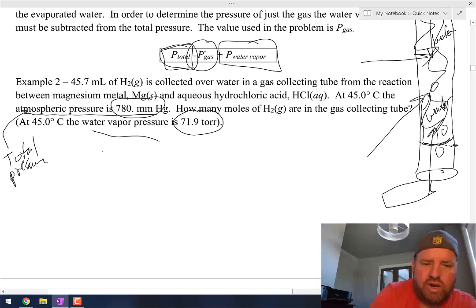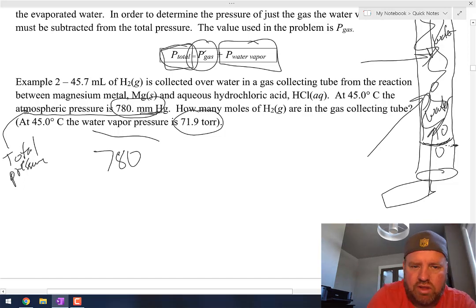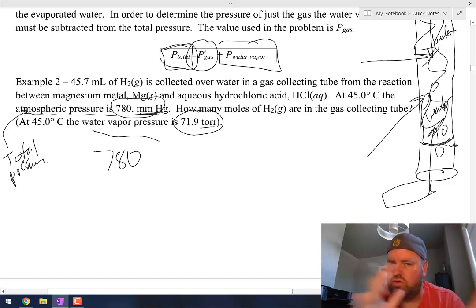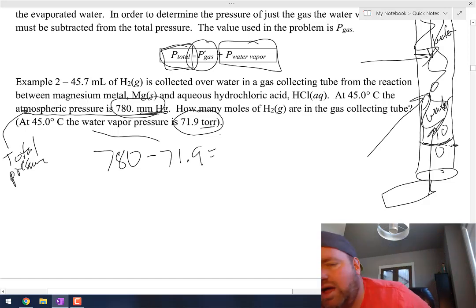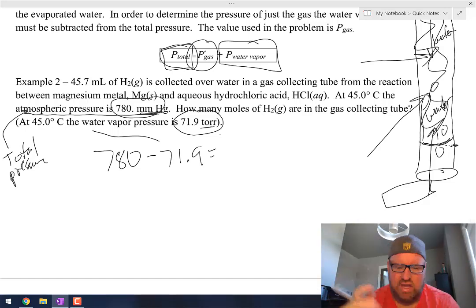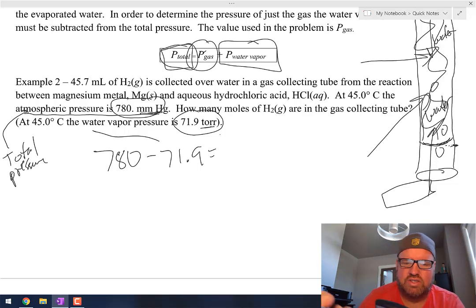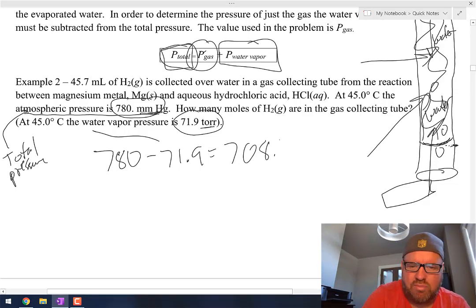So the first thing we're going to do is we're going to take the total pressure, 780, and notice they use millimeters of mercury and torr. Remember that those two are the same, so it doesn't really matter. You don't have to convert to one or the other. So 780 minus 71.9 gets us to 708.1.